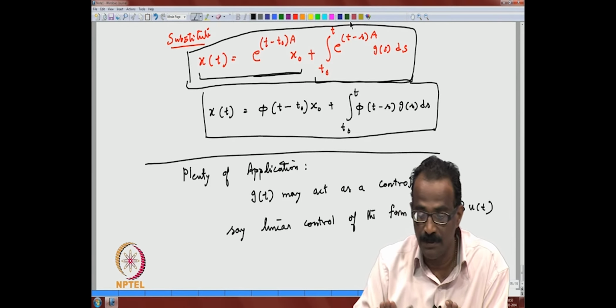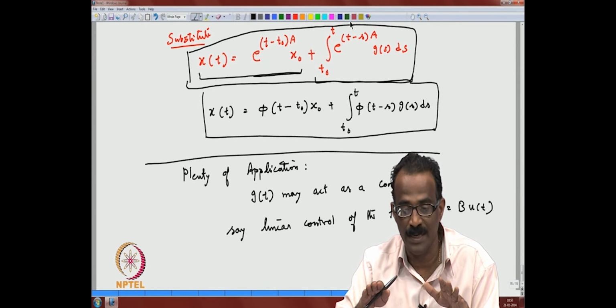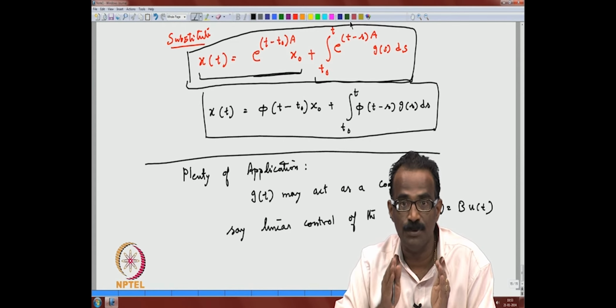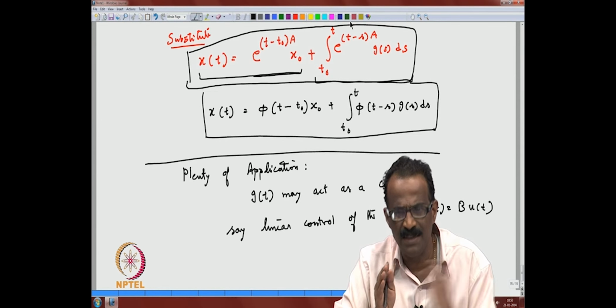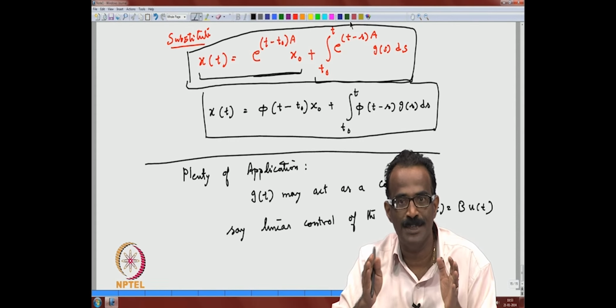So we will not get into that, but what we have seen is that you can write down your solution consisting of two parts. One part is the solution corresponding to your homogeneous system, and in the last 4 lectures we were actually studying the homogeneous system completely.